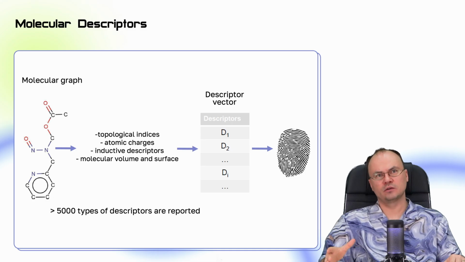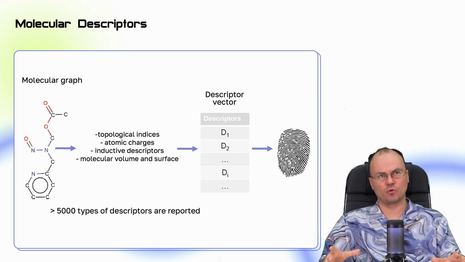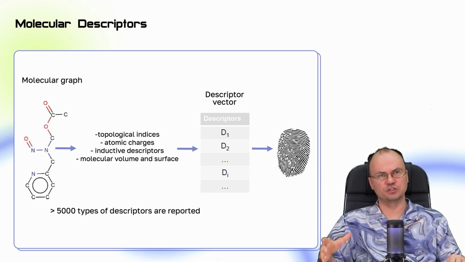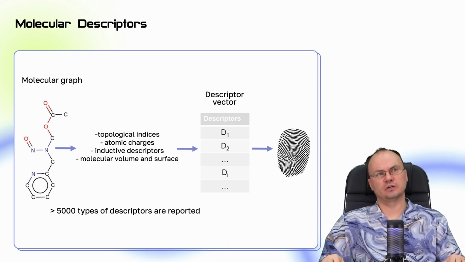One could simplify this term as a value which describes the property of the molecules, as on this graph, where we are trying to describe the particular physical chemical properties to come up with unique descriptors, which can be used in chemical space analysis.